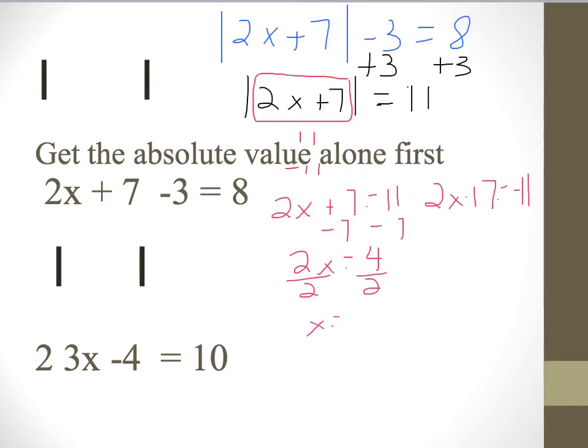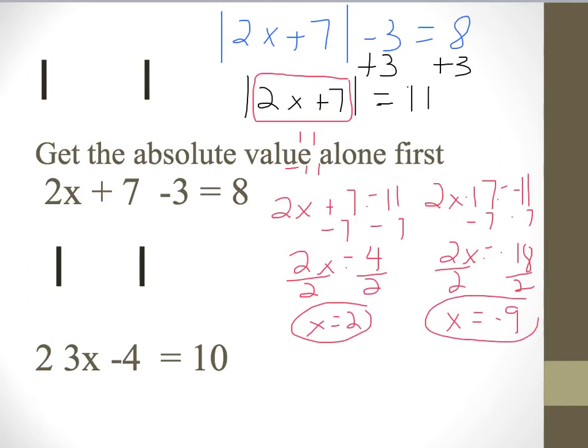So x equals 2 here. On the next one, 2x is going to be equal to -18. Divide by 2 on both sides. So x equals -9. Our two answers here are x is equal to 2 and x is equal to -9.